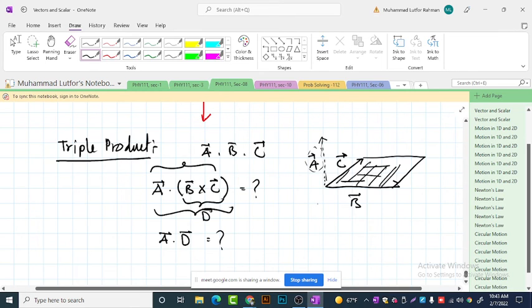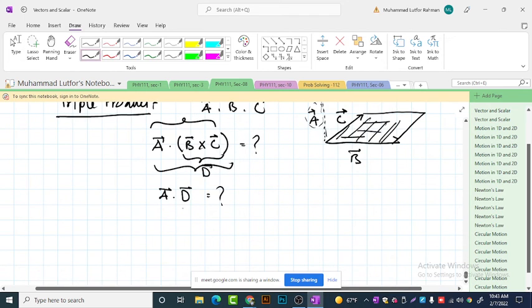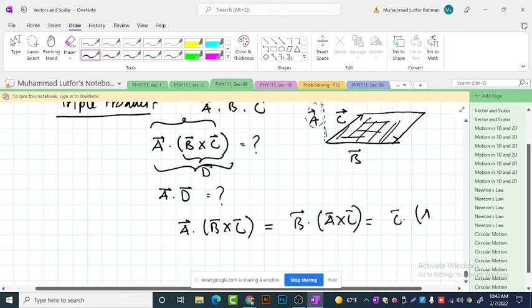Volume. It's a volume, right? Area into one more length will give me the volume. And volume is a scalar quantity, right? So then I can write a dot b cross c is a volume, which would be equal to b dot a cross c, or equal to c dot a cross b. It is going to be the same product over here.